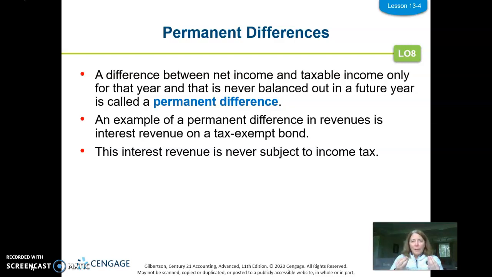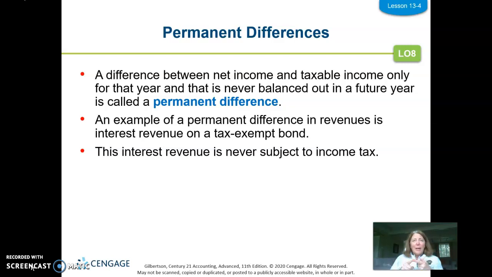But because it's exempt, meaning it never has to be included, it will never be recorded in taxable income. So the income related to that interest that we receive will never, ever be recorded in taxable income. So we'll never pay tax on that in the future, ever. So that's permanent, never going to catch up, never going to turn around for us.